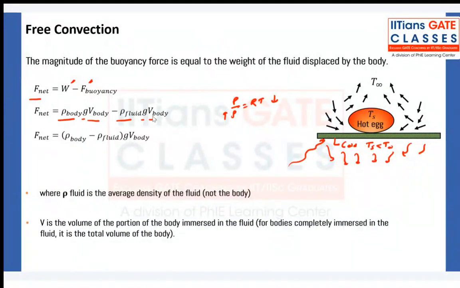So rho body minus rho fluid, g into volume of body, where rho fluid is the average density of the fluid and not the body. Okay, so this is of the fluid, this is of the body, and V is the volume of the portion of the body that is immersed in the fluid. Whatever is immersed in the fluid is the volume we are going to consider, not all. If it is completely immersed, then we will take the total volume. Okay, chalo.